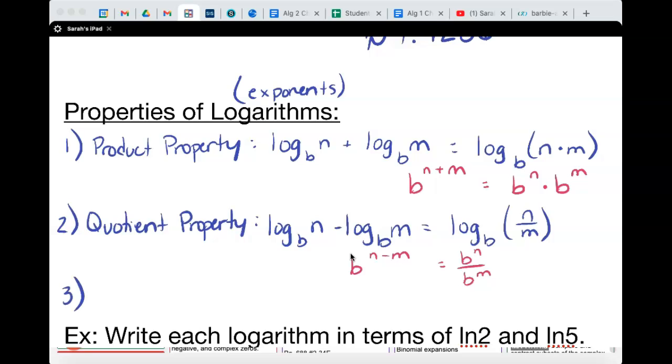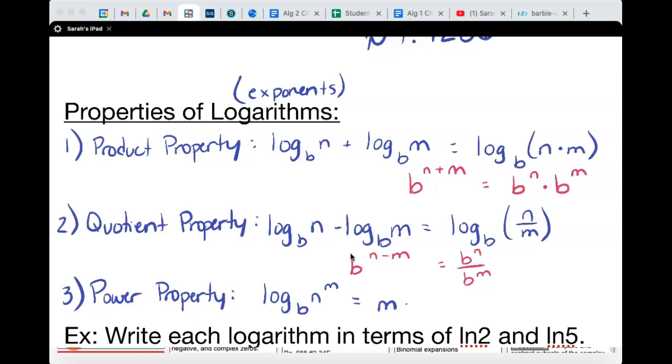Then we have a third one, which is kind of weird. Power property. If I have log base b of n to the n power, so b is a subscript, n is the actual number, n is the exponent. So if I have some exponential inside my logarithm, I can basically move the exponent from on top and place it in front.